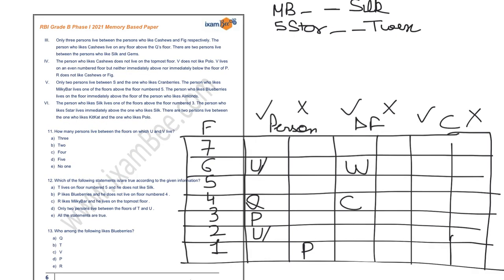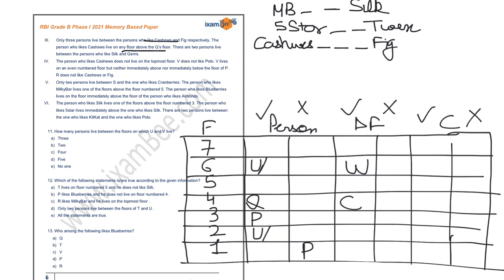Now you can read the next statement, that only 3 persons live between the person who likes cashew and fig. So you can write that there is a gap of 3 persons between the persons who like cashews and figs. So I can draw a small hint over here, right? And the person who likes cashew lives on any floor above Q's floor.